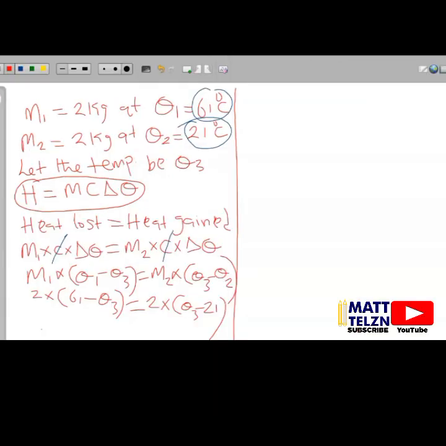So by opening the bracket, I'm going to multiply 2 by 61 and by theta 3. The same thing on this side as well, okay?